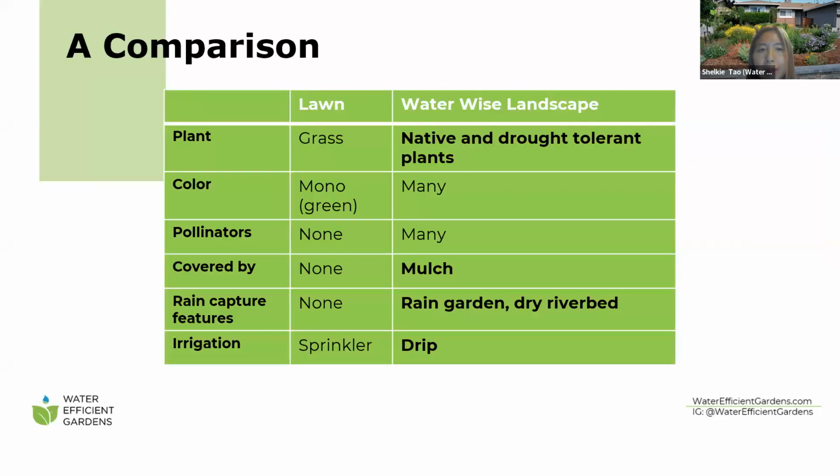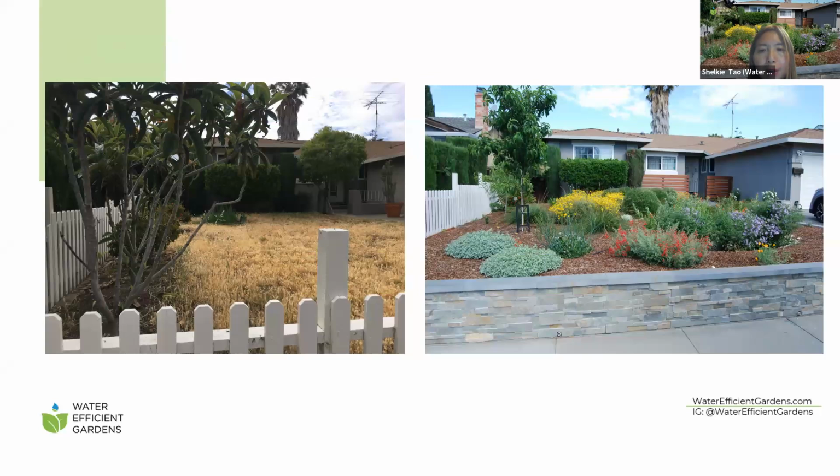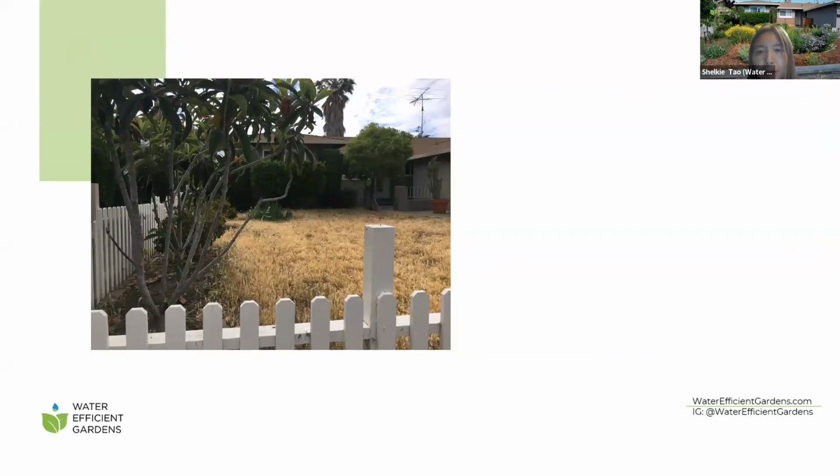So the plants are grass versus many native plants and Mediterranean plants. The lawn has only one color, which was green. But then the water-wise landscapes, or the new landscapes, had many different colors. They attract many different pollinators. The new yards are all covered by mulch, as you can see.